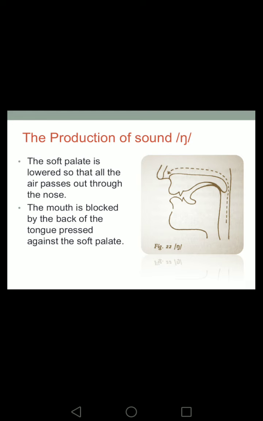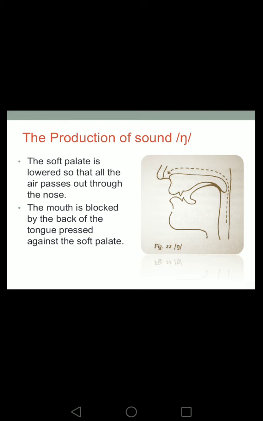The back of the tongue, you see in the diagram, makes contact with the soft palate. The back of the tongue makes contact with the soft palate. And of course, be aware that the soft palate is also called velum. Velum.